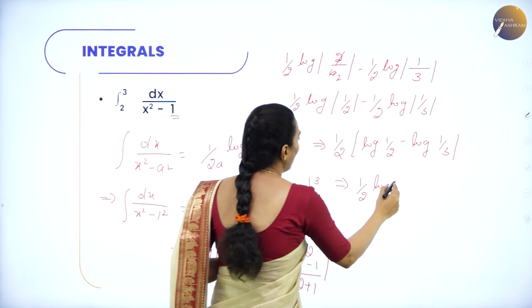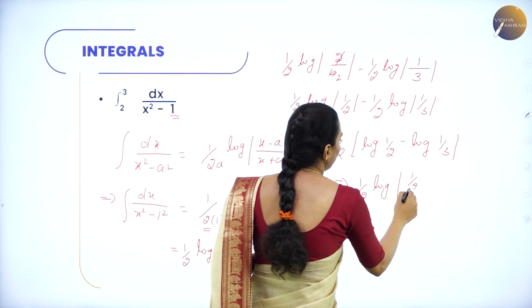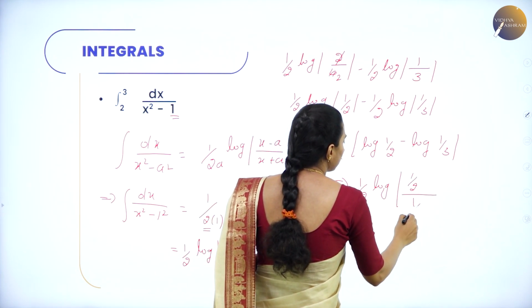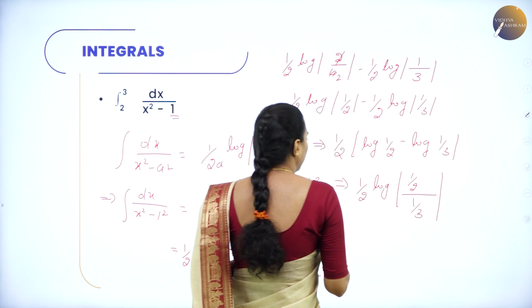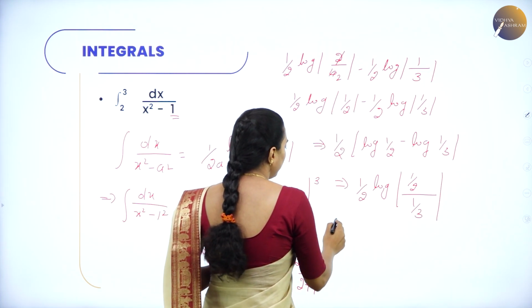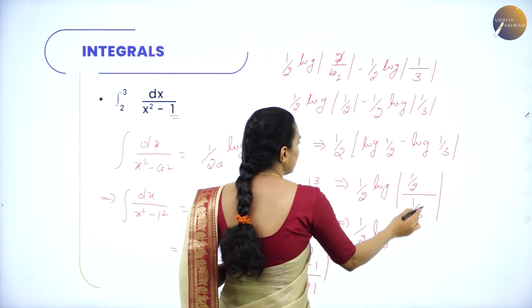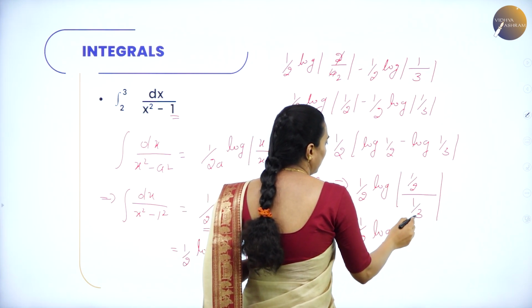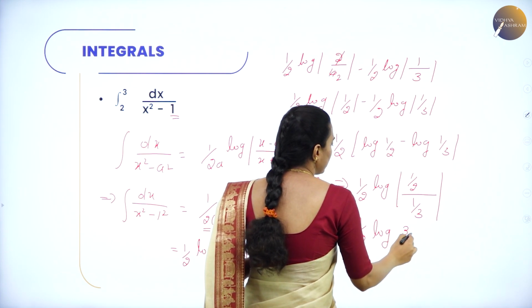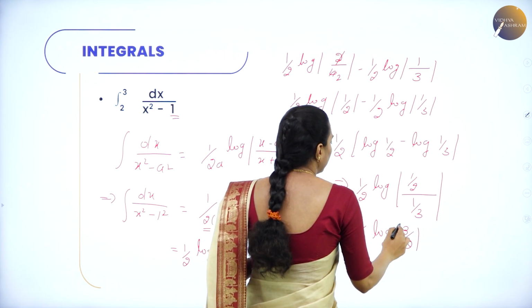So log m is 1 by 2 divided by log n, which is 1 by 3. So 1 by 2 into log of, 2 will come to the denominator, 3 will go to the numerator, which is 3 by 2. And this is your answer.